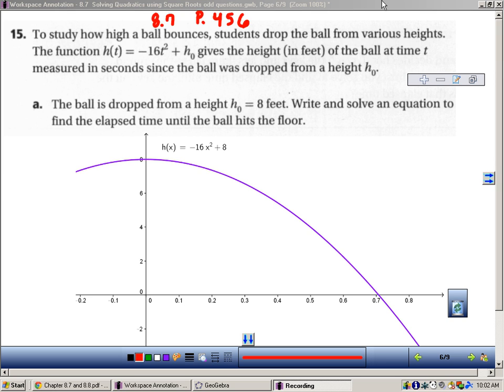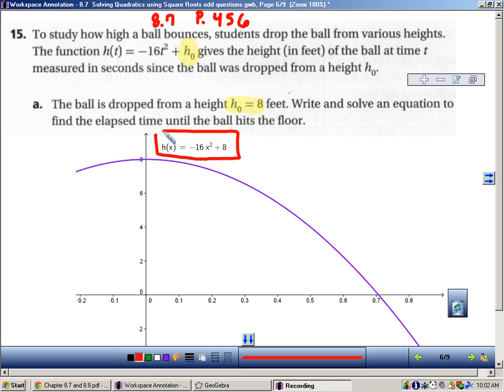So looking at the question, you might not know where to start or how to solve it. And so what I did was I just read the question and used direct substitution. The starting height that the ball was dropped at was 8 feet. And so h sub 0 is 8 feet, and so I substituted. So my new function is here.